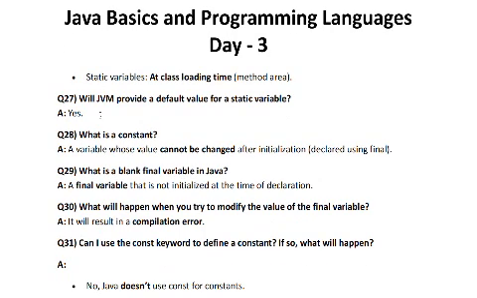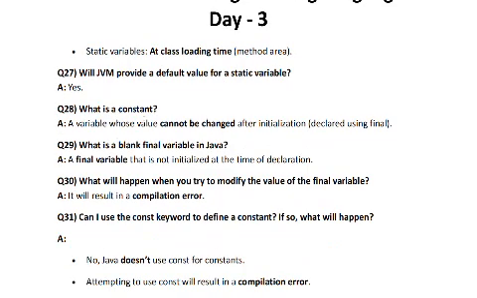Coming to the 27th question, will JVM provide a default value for a static variable? Yes. What is a constant? A variable whose value cannot be changed after initialization, declared using final. If you declare it as final, that value cannot change during execution at any point.